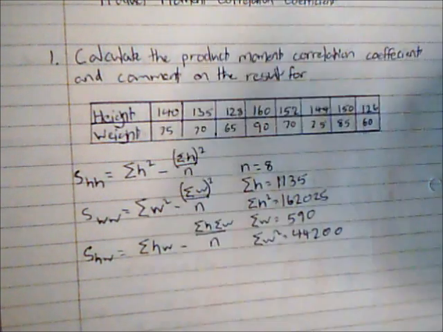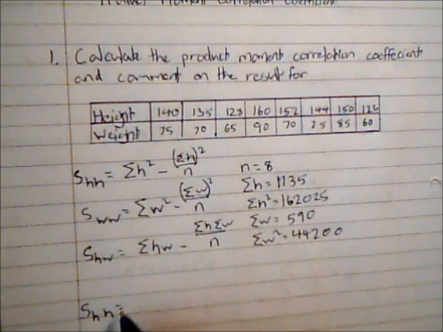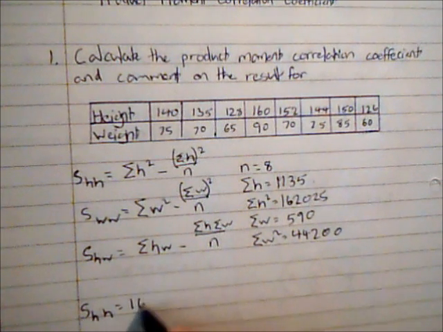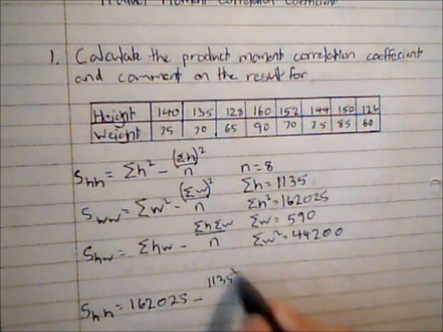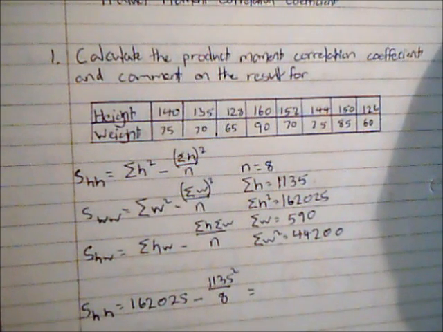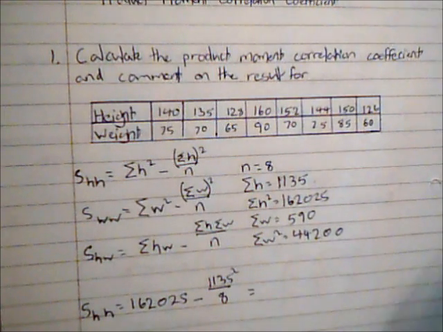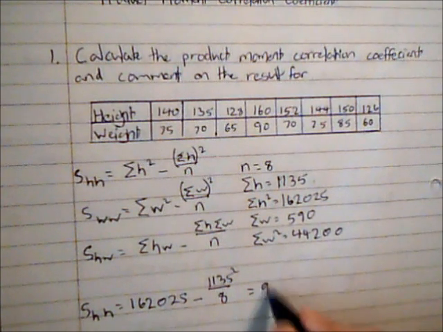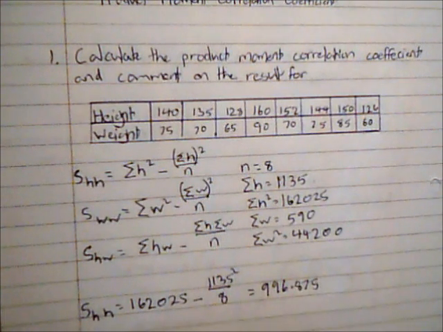So now I can plug all that into these various formulae. SHH is therefore going to be 162,025 minus 1,135 squared over 8. And that gives me 996.875, and I'm not going to round this for the moment because I don't want to lose accuracy.